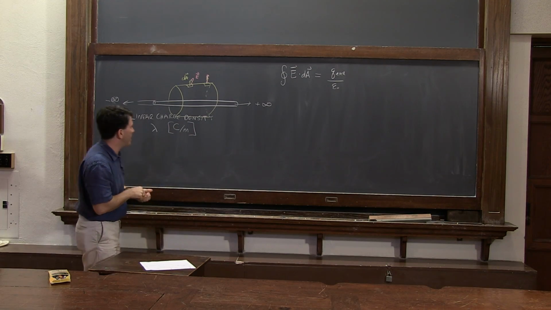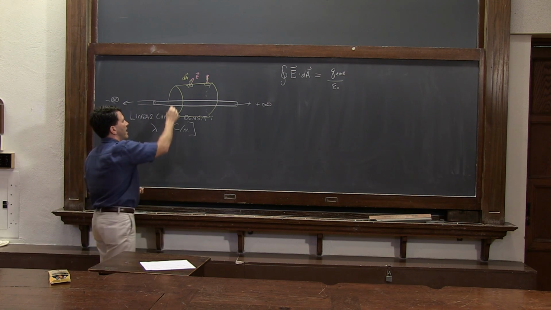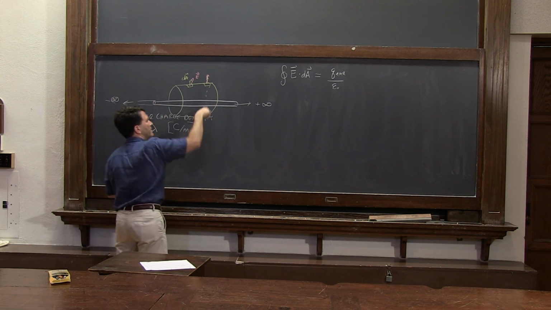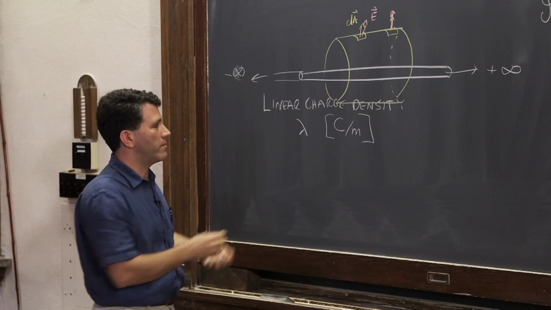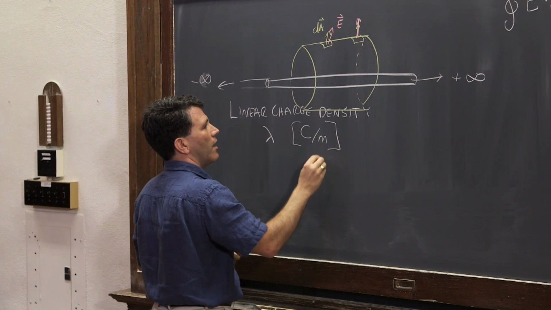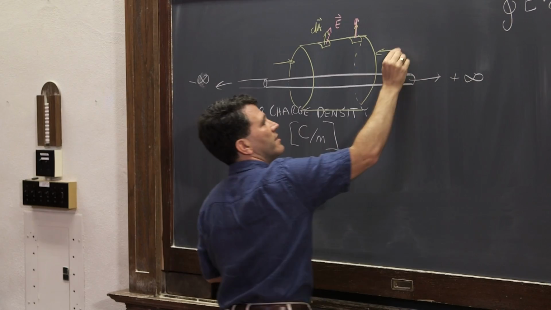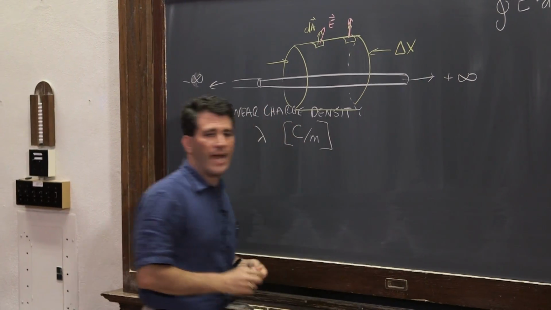So what we're going to do then is actually try and figure out how to make a closed surface. I haven't said anything about the ends, about the end caps of my cylinder. We can make our cylinder whatever length we want. If we want to make life simple, we will just say that this length is some delta x.